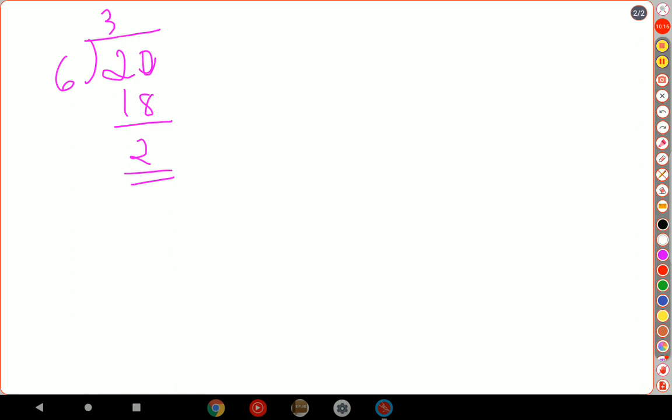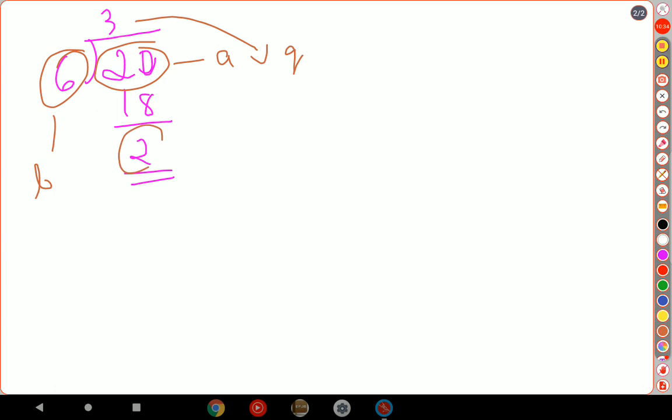Let us name it now. This is our A, the dividend. This is our B, the divisor. This is our Q, the quotient. This is our R, the remainder.